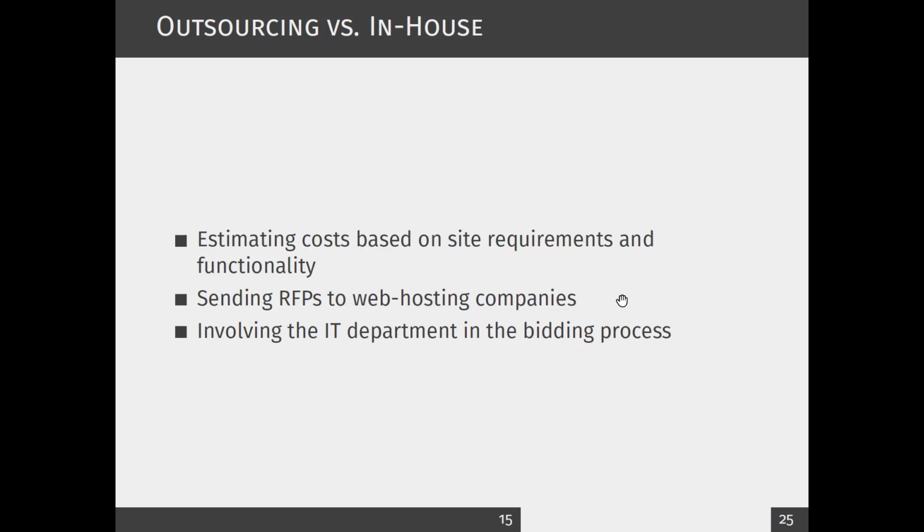And then you send them a proposal, and they can get involved in the bidding process, right? And we also discussed what are the issues that you have to think of, right?